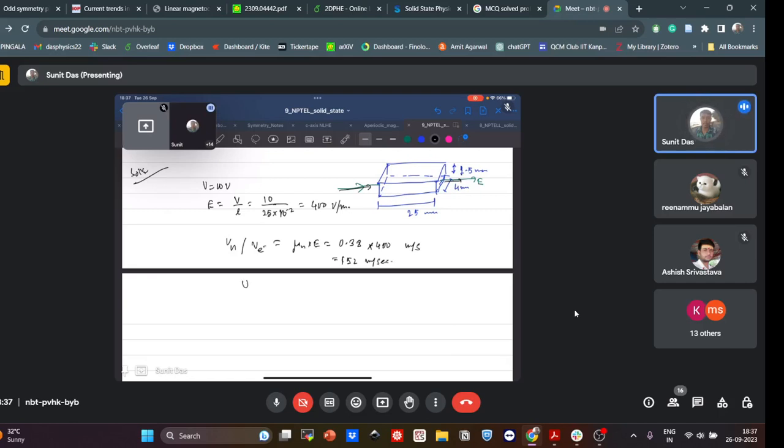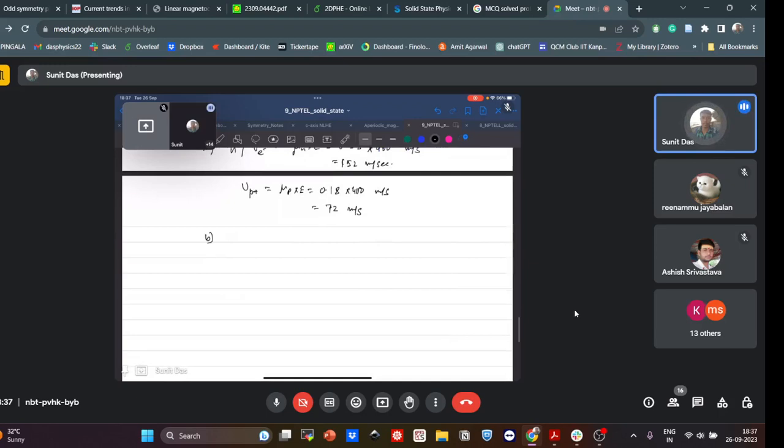Similarly, V for holes, this will be mu p into E. So this is the first part.